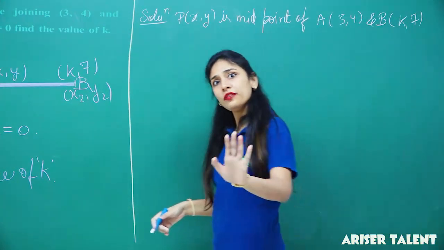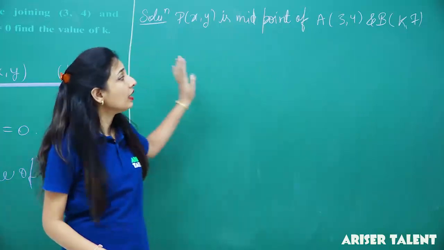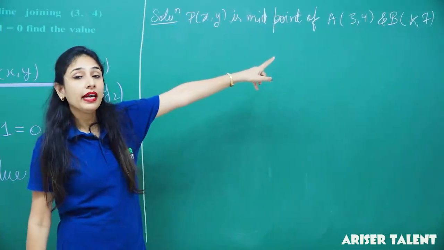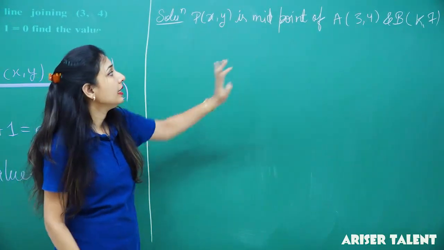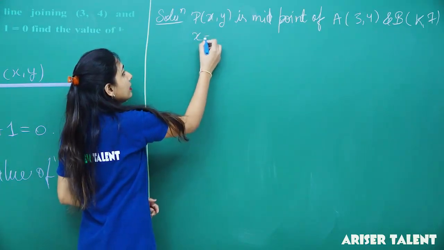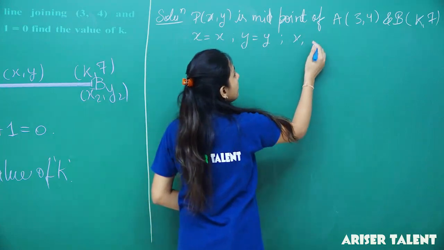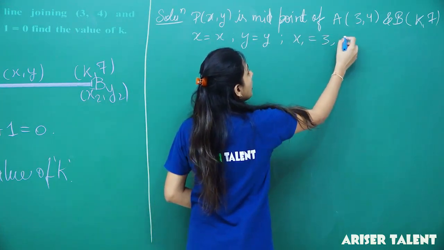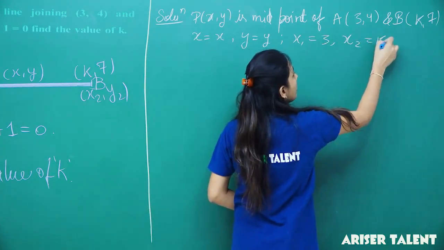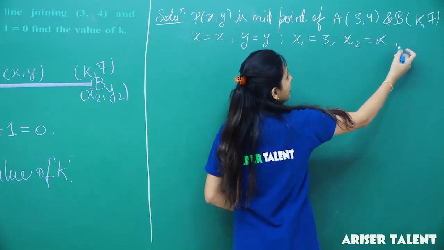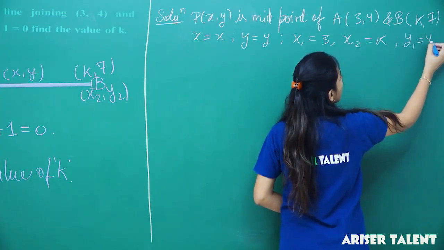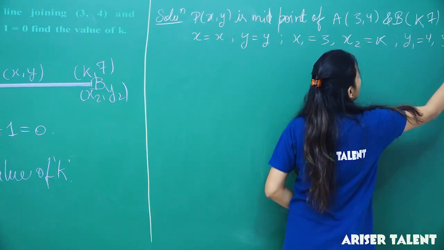If that's so, and we have a midpoint there, in this case x equals x, y equals y, x1 equals 3, x2 equals k, and y1 equals 4, y2 equals 7.